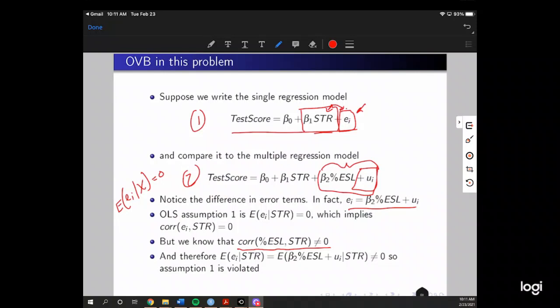We know there's correlation between percent ESL and student-teacher ratios, so this correlation does not equal 0. Therefore, we violated assumption number 1. The expected value of the error term conditional on student-teacher ratios, substituting in for e_i, gives the expected value of beta 2 percent ESL plus u_i conditional on student-teacher ratios, which does not equal 0. So assumption number 1 is violated.